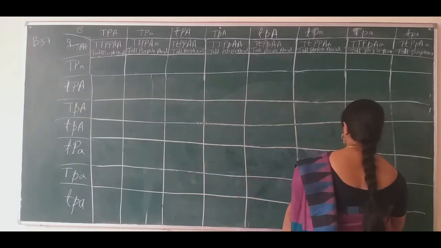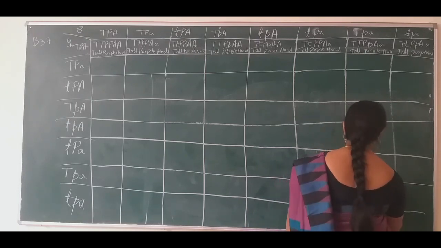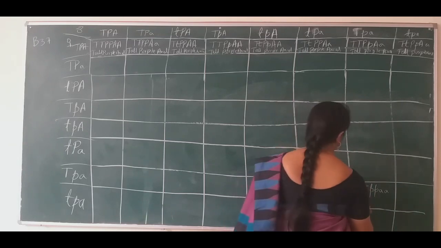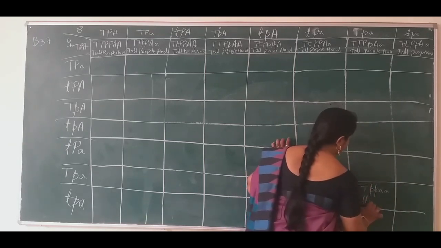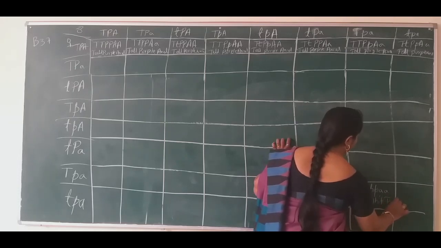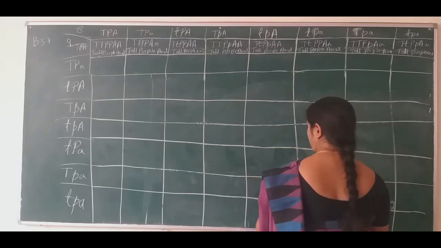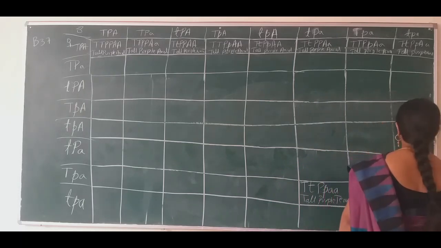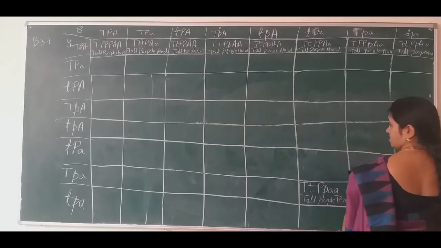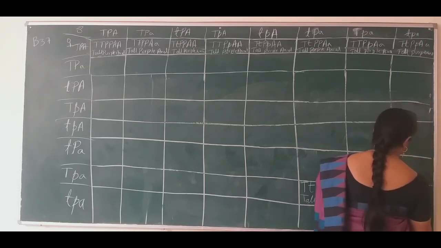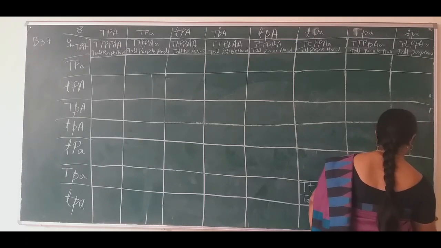Capital T, small p, small p, small a, tall, white, terminal, and capital T, small p, small a, tall, white, terminal.